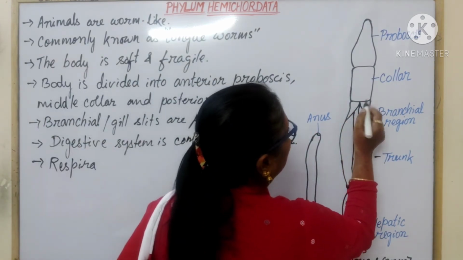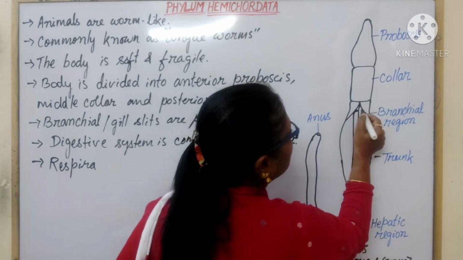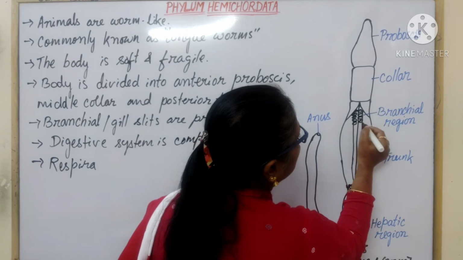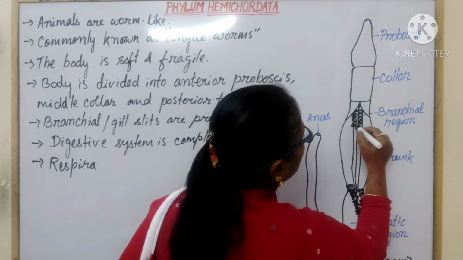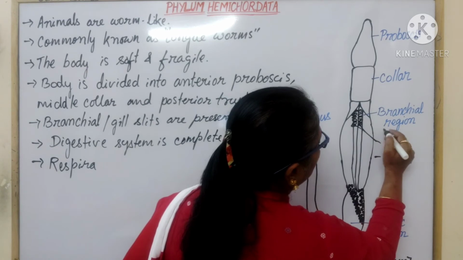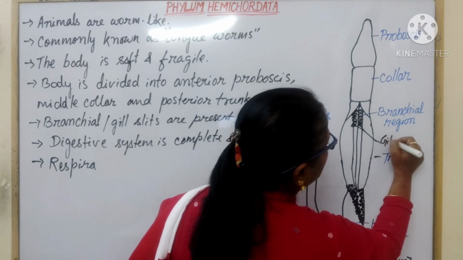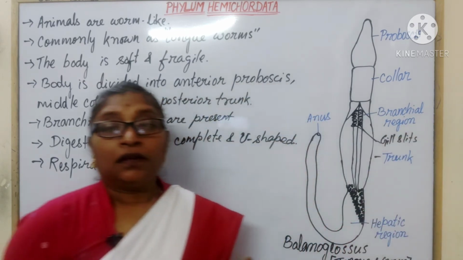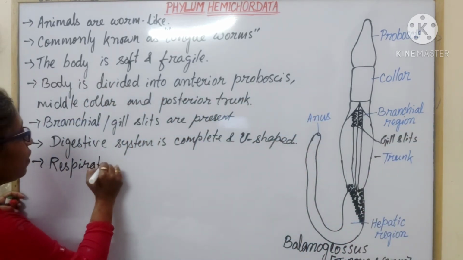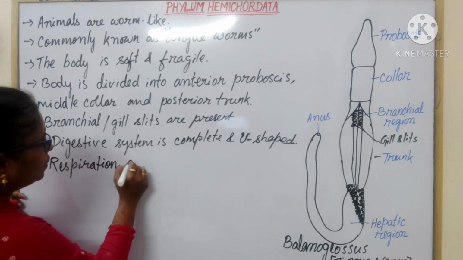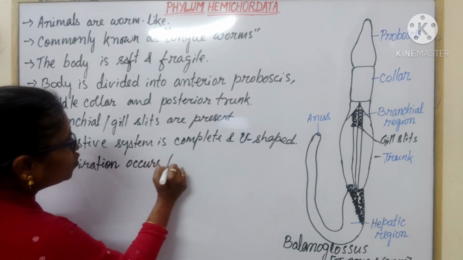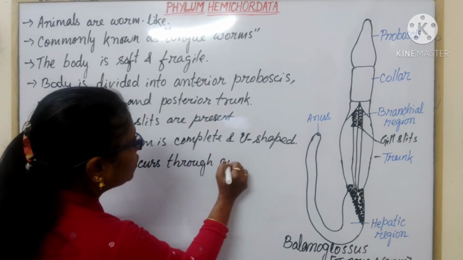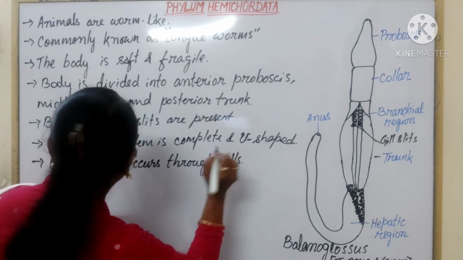On the body surface, the branchial or pharyngeal gill slits are present. So the respiration occurs by the gills.